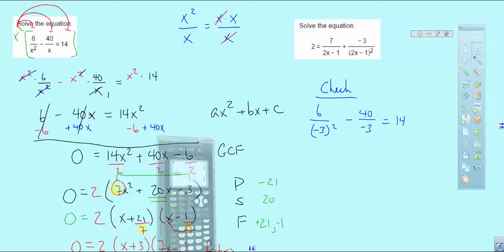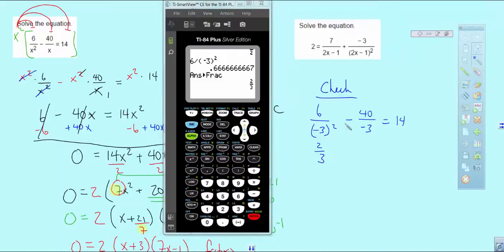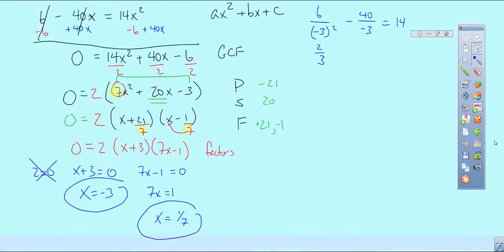We pull out our calculator. We say 6 divided by -3 squared. I'll go ahead and math fraction it. So that's 2 over 3, which you could just leave in your calculator. We have two negatives, so a negative divided by a negative. Let's make sure that's right down here at the bottom.